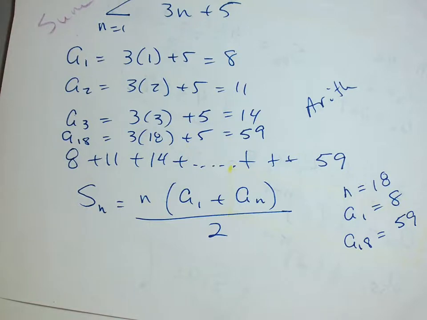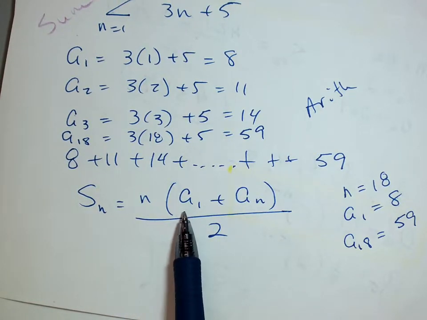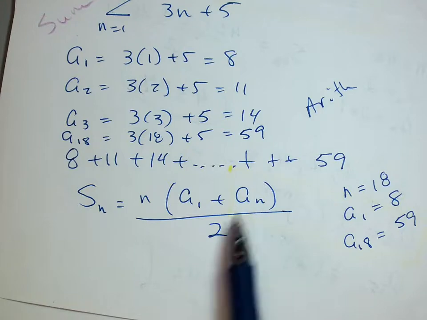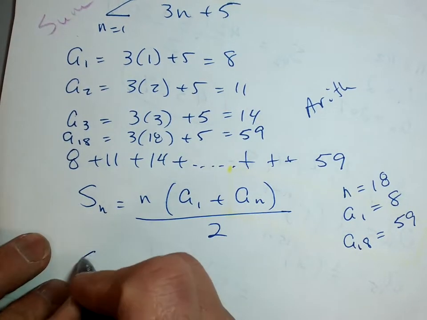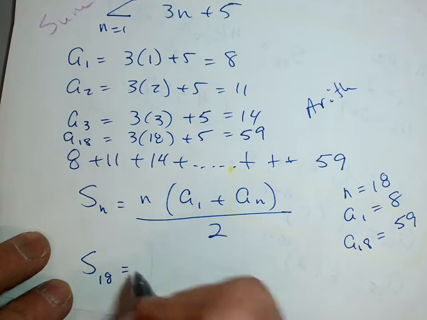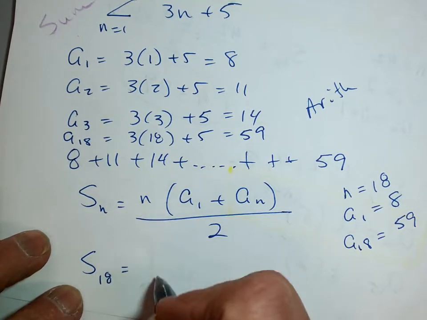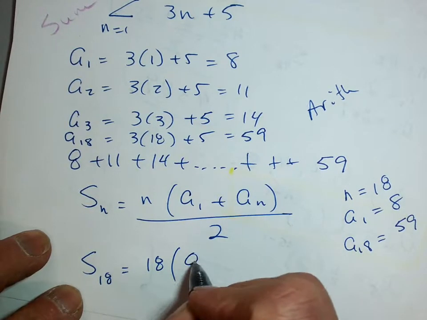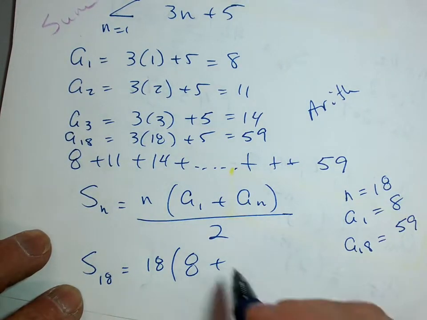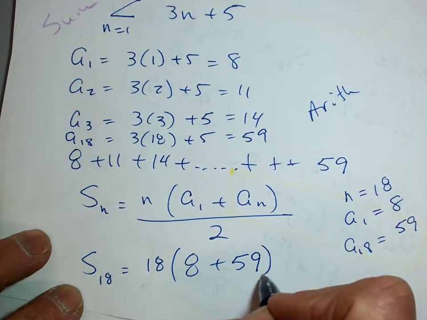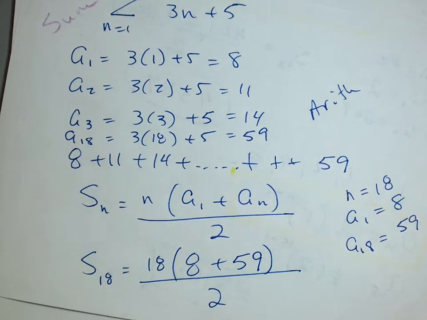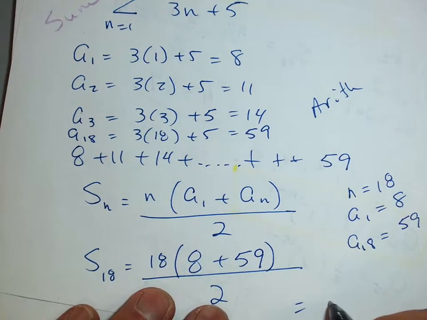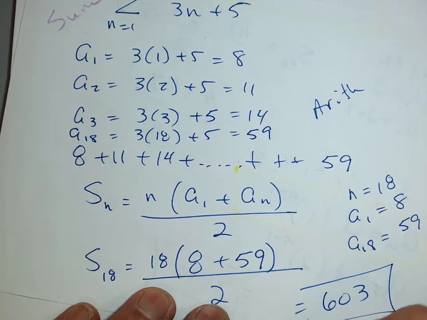S of 18 equals n, which is the number of terms, 18, times (A1, which is 8, plus the last term, A18, which is 59), divided by 2. I'm just going to use my calculator. 18 parentheses, 8 plus 59, divided by 2, and I get an answer of 603. Okay.